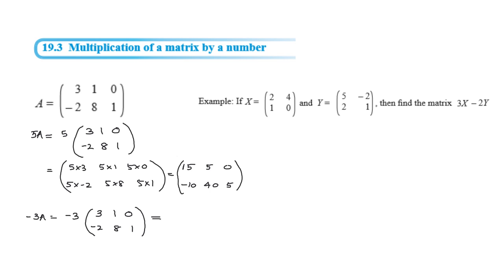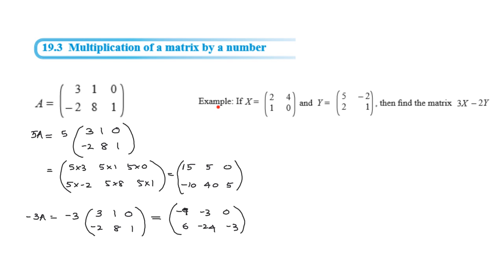That is equal, minus 3 into 3, it's minus 9, minus 3 into 1, minus 3, minus 3 into 0, 0, minus 3 into minus 2, plus 6, minus 3 into 8, minus 24, and minus 3. So that is minus 3a: minus 9, minus 3, 0, 6, minus 24, and minus 3.